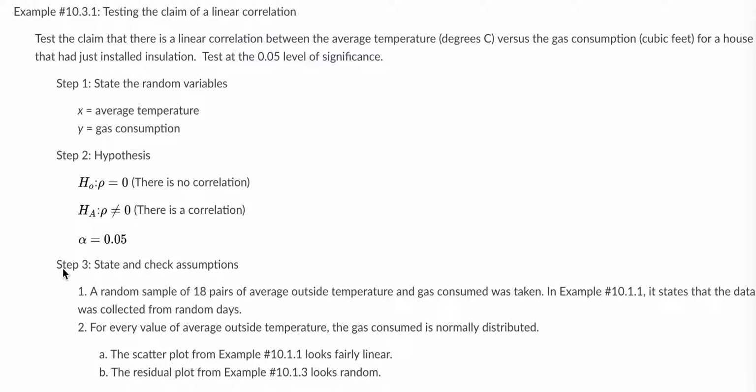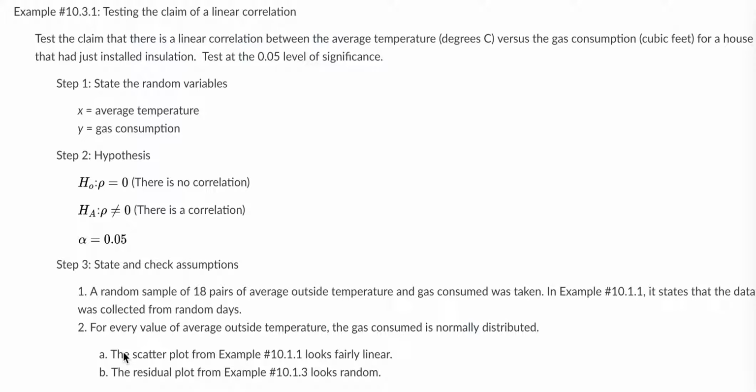The next step of every hypothesis test is to state and check the assumptions. So we have a random sample of 18 pairs of average outside temperature and gas consumption was taken. In the example in 10.1.1, it states that the data was collected from random days, so that is satisfied. Number 2 says for every value of the outside temperature, the gas consumed is normally distributed.